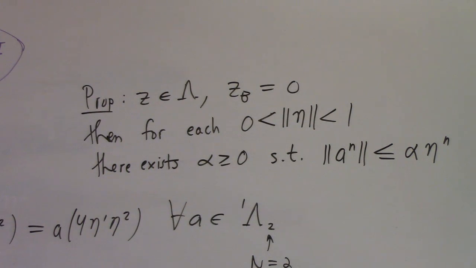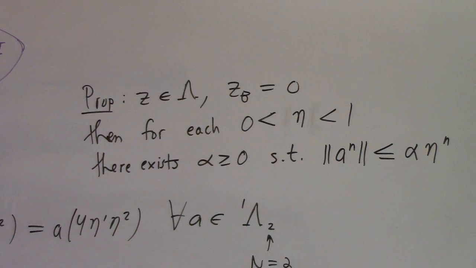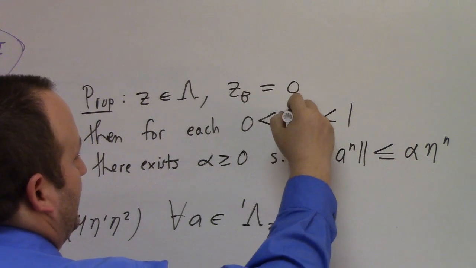Oh, maybe that is. Oh, that is a real number. Sorry. That is a real number. Should we use something besides eta? Yeah, exactly. Eta is a bad choice for my notation, isn't it? So let's use upsilon.